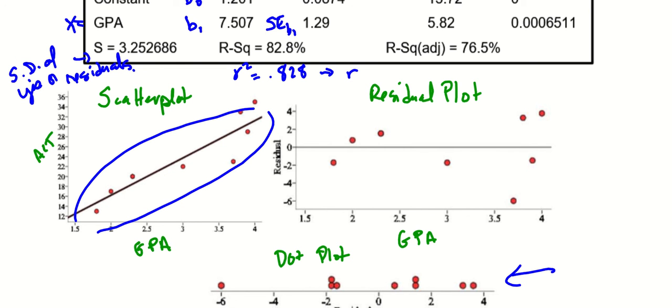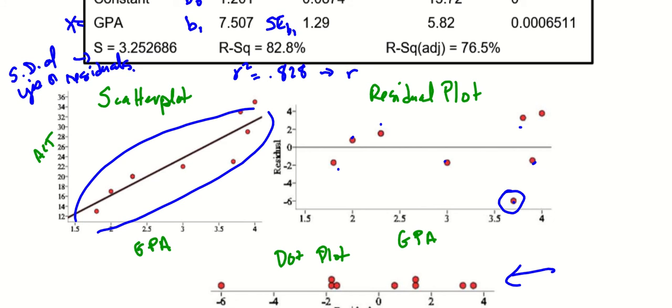We're looking for a random scatter of our residuals around our residual equals 0 line. So except for this dot here, we have pretty equal scatter. And again, with such a small data set, we can see things stand out that wouldn't if there were more.